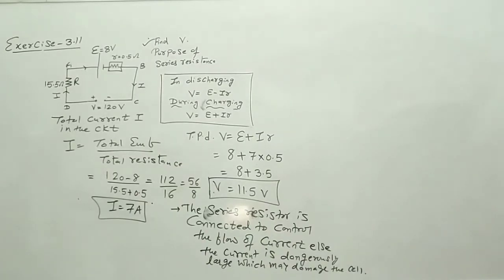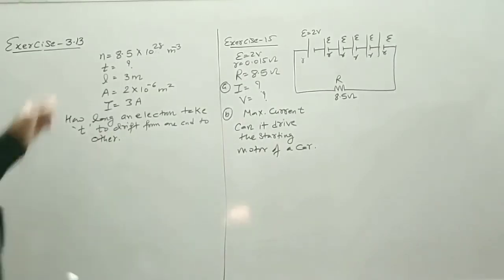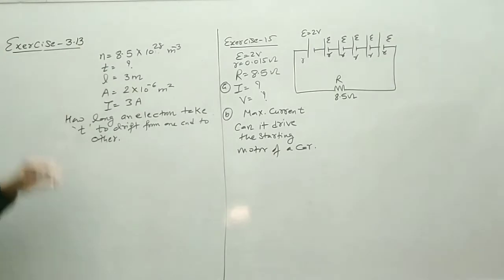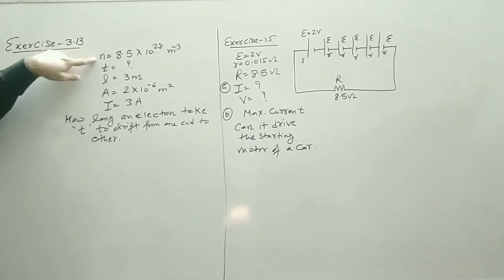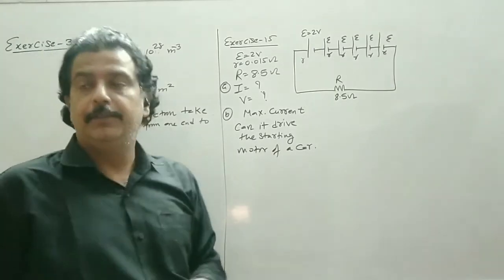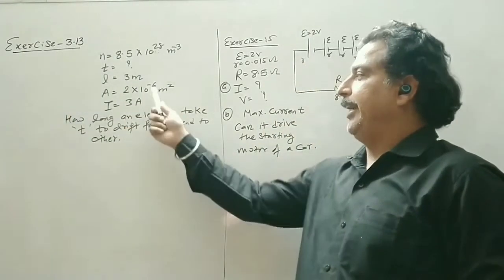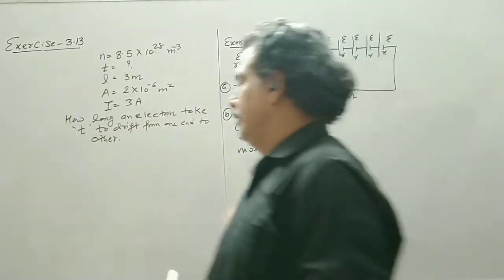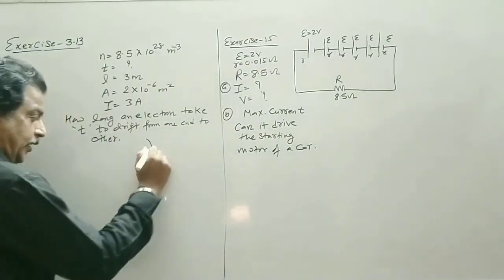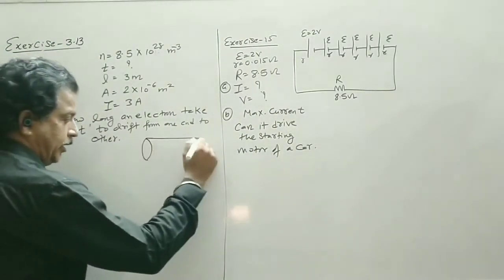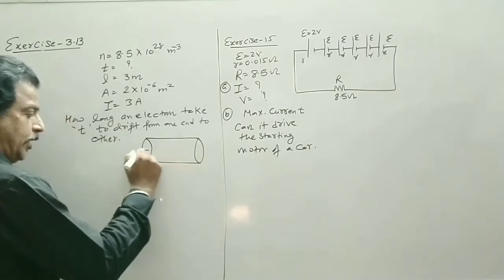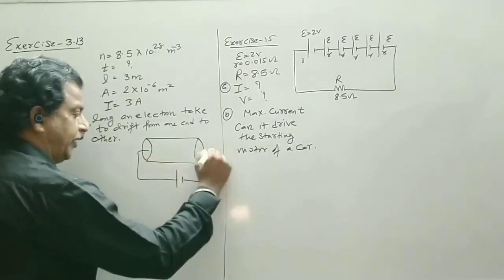Now let us move to the next question, question number 13. The number density of the electron is given, length of the conductor is given, area and the current 3 ampere. So this is the theory where a conductor was connected to a battery.